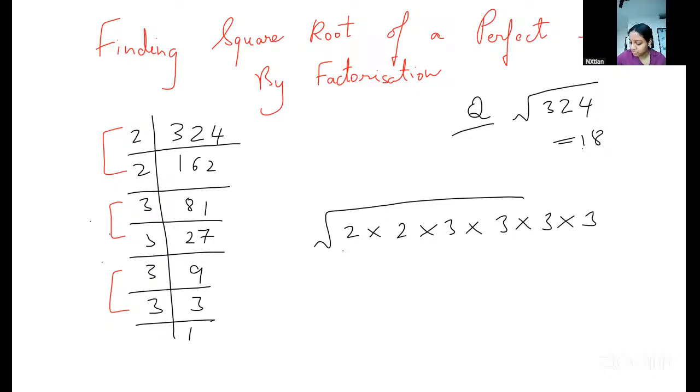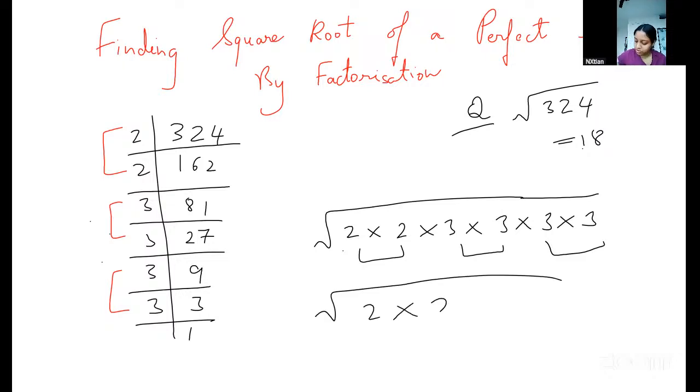When we make pairs, we will take 1 out. So we can write down 2 into 3 into 3. And when we multiply, 2 3s are 6, 6 3s are 18. Answer is 18. Okay, now you got it.